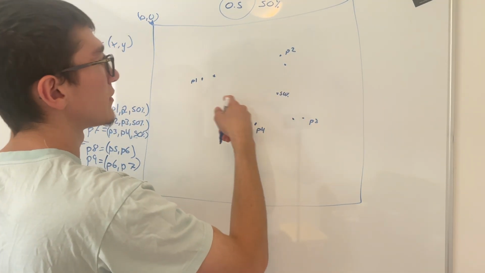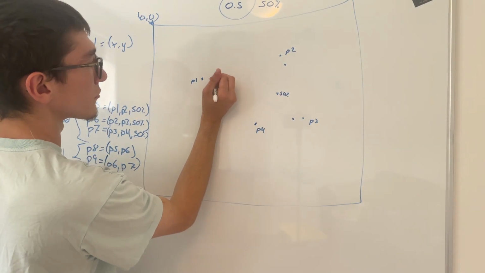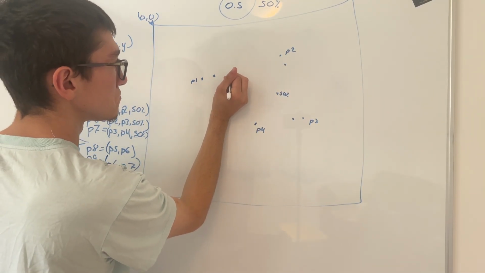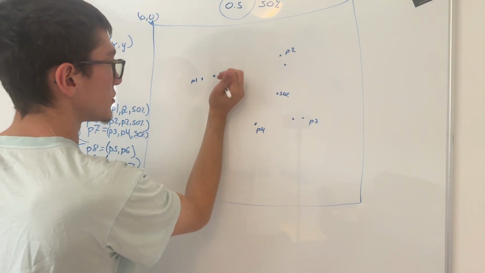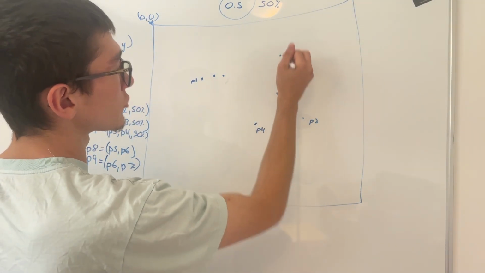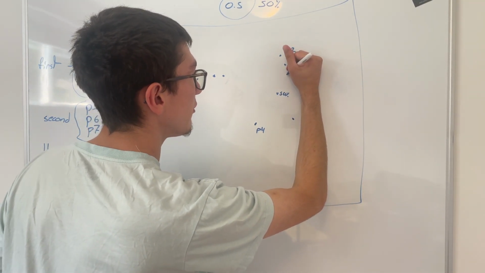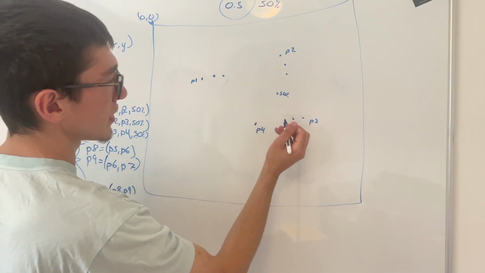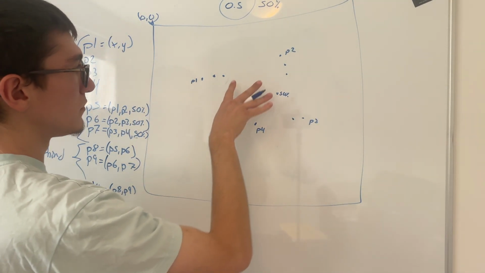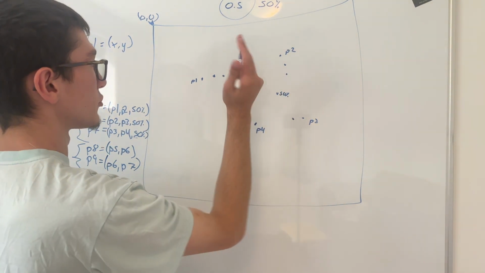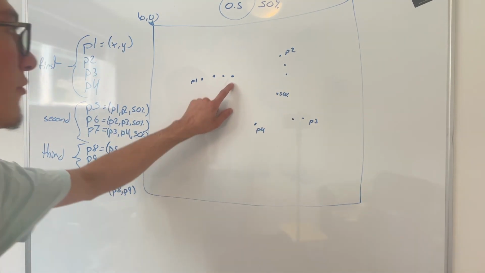Now we need to do it again. 10% between those two, about over here, maybe even a bit closer to this one. 10% between those two, so maybe over here. Now we have those 2 points, and we need 10% between those two, which would be over here, right? So we have our 10% point.